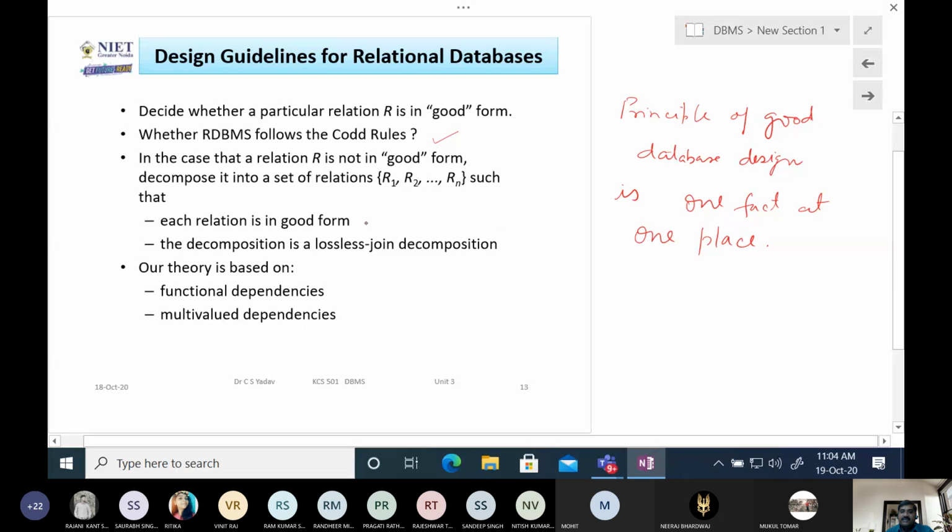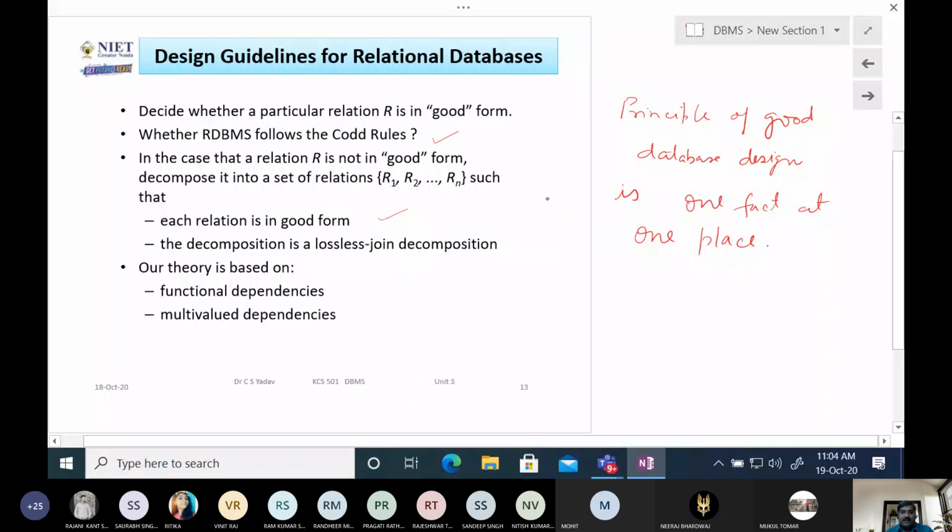But each relation should be in good form. After decomposition, relations should be in good form, not in bad form. And decomposition is a lossless join decomposition. Suppose if we join all the smaller relations, then we get the information. There should not be a loss of information. So decomposition is a lossless join decomposition. Then only you can say that our database is good. Otherwise, your database is not good.